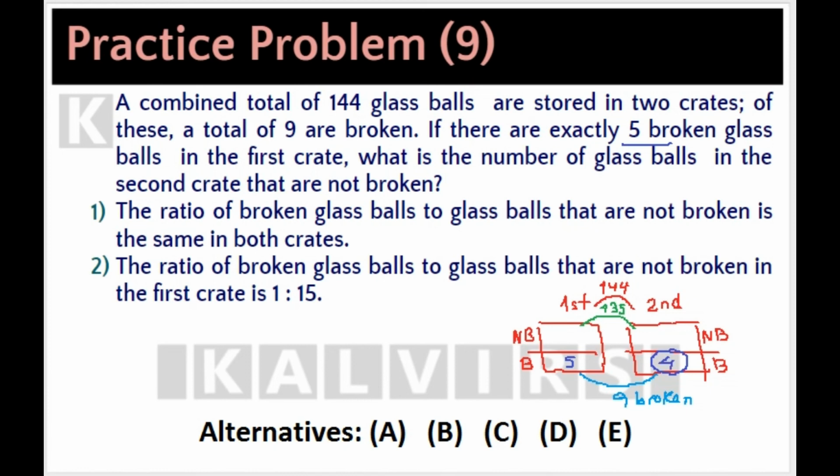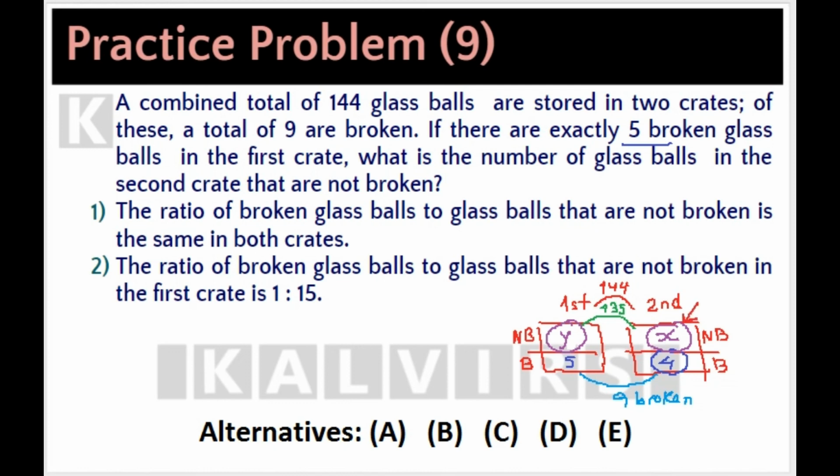They want to know the number of glass balls in the second crate that are not broken. Let's say x is the number of non-broken balls in the second crate and y is the number of non-broken glass balls in the first crate. We want to know the value of x.